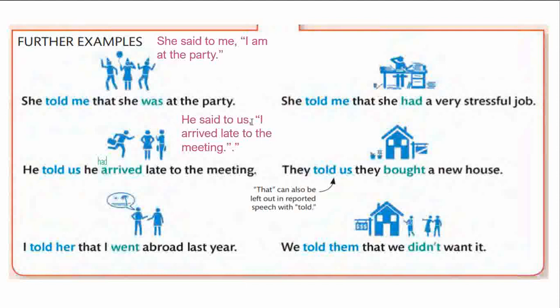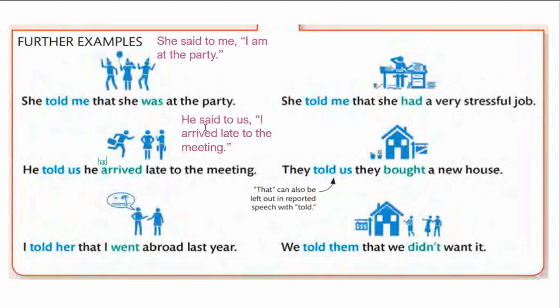He said to us, I arrived late to the meeting. You say to the meeting when you want to consider the meeting point, or if you want to refer to the meeting, you say for the meeting. So it is actually the meeting point. Arrived late to the meeting.